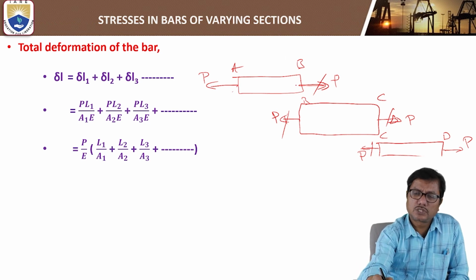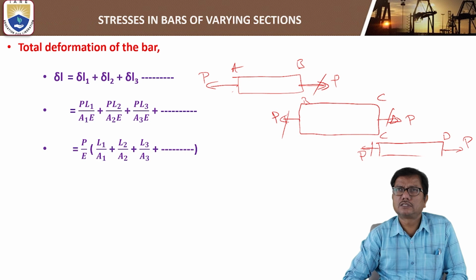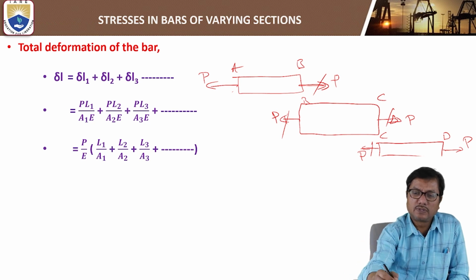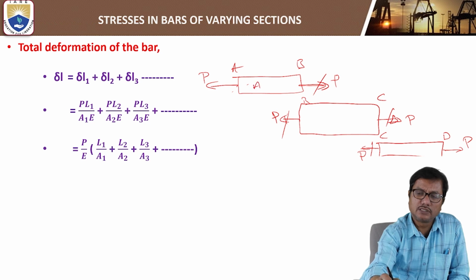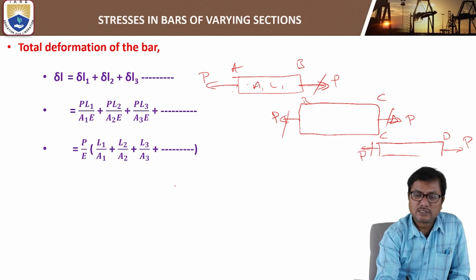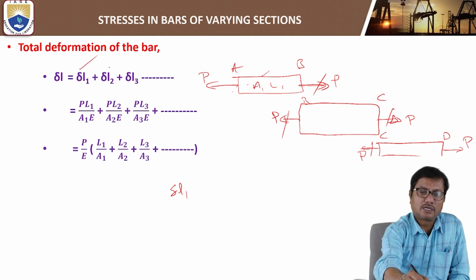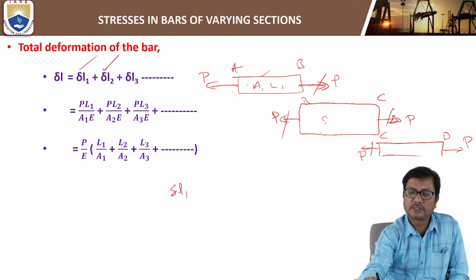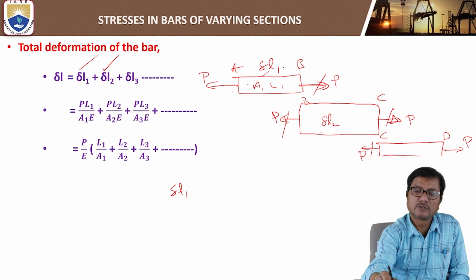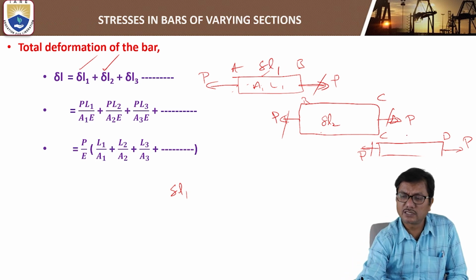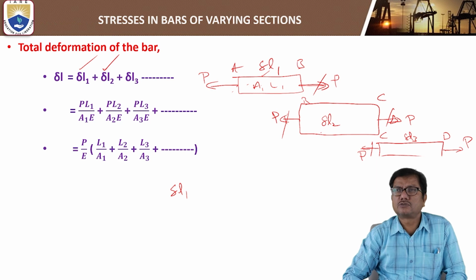So now the portion AB is under tension. A tensile load of P is acting on it. Let delta L1 be the extension of portion AB, delta L2 the extension of portion BC, and delta L3 the extension of portion CD.